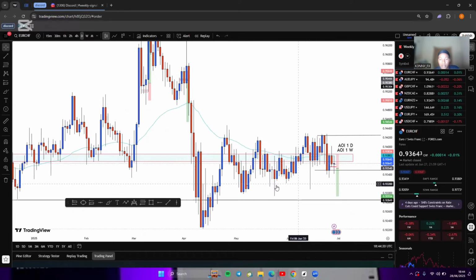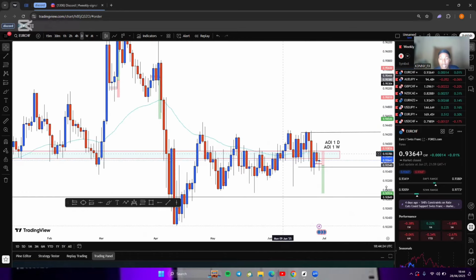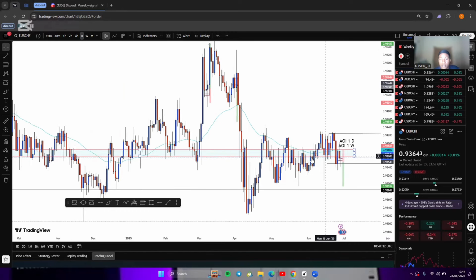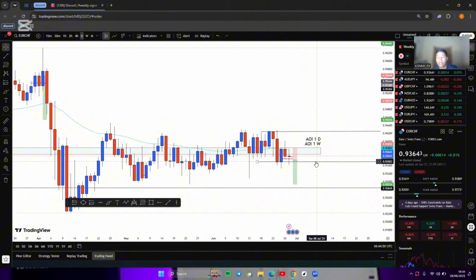I marked up this zone because this is the level with the highest amount of touches. This is the strongest support and resistance level here. A valid support and resistance level needs three touch points, and we have first touch, second touch, and many more. It's more than seven.